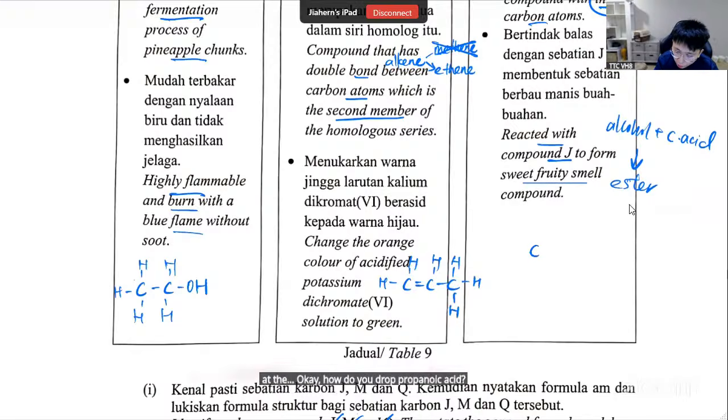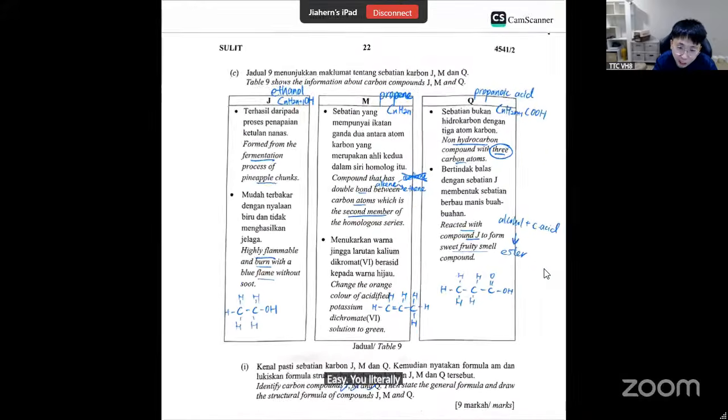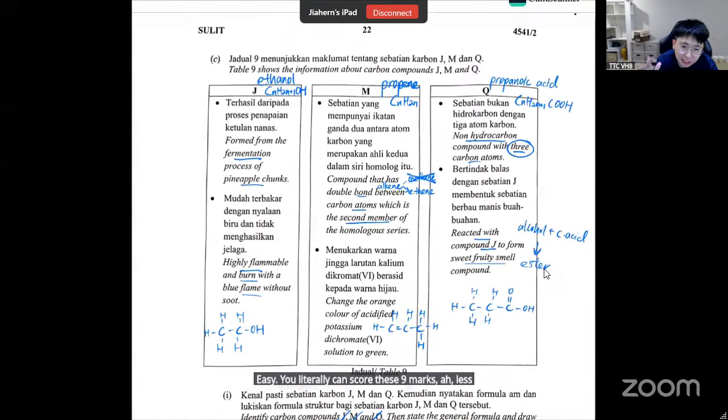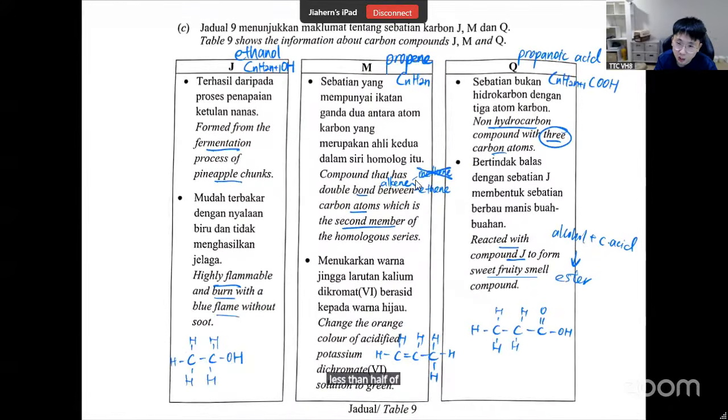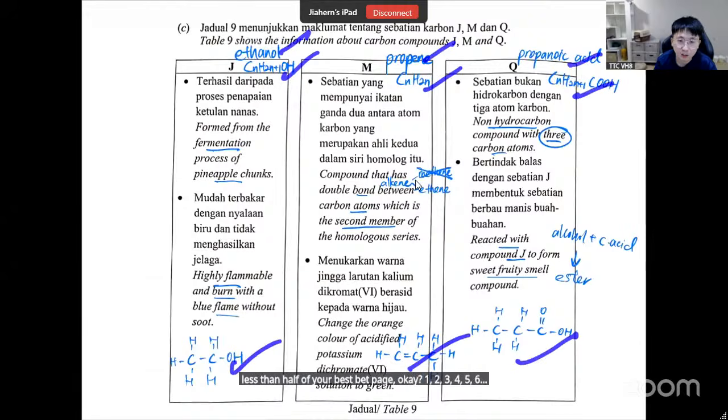Again, 3C, 1, 2, 3, but one of the C has COOH, and the rest is C2H5. So guys, do you see these 9 marks? Easy. You can literally score these 9 marks using less than half of your test pad page. 1, 2, 3, 4, 5, 6, 7, 8, 9. So interesting. So happy.